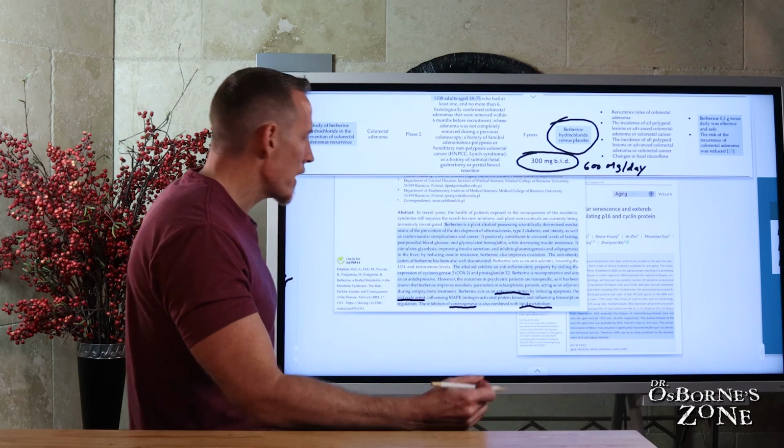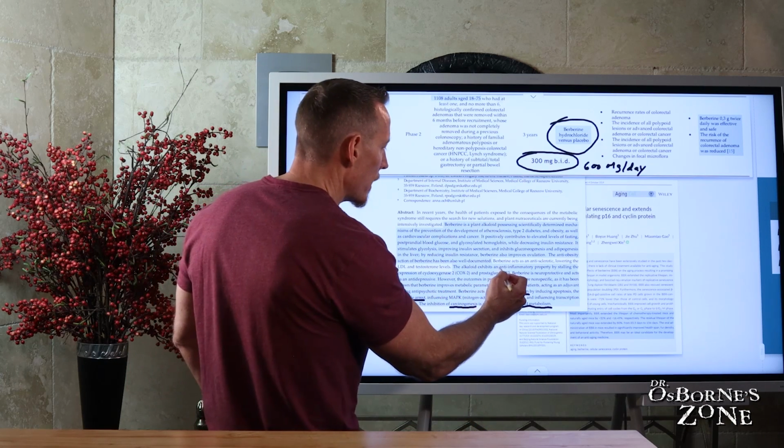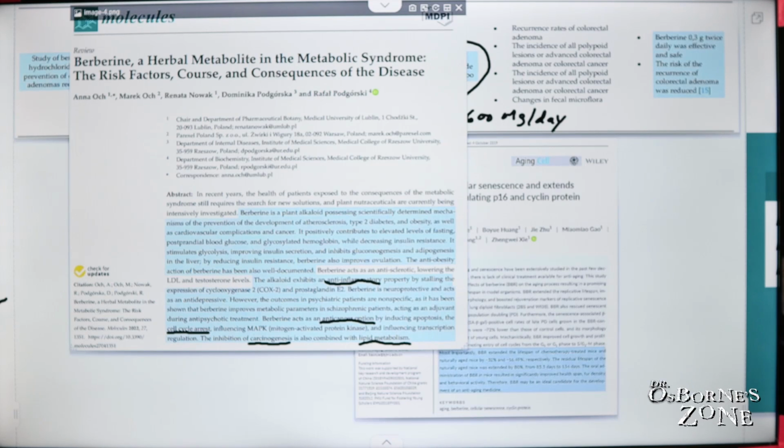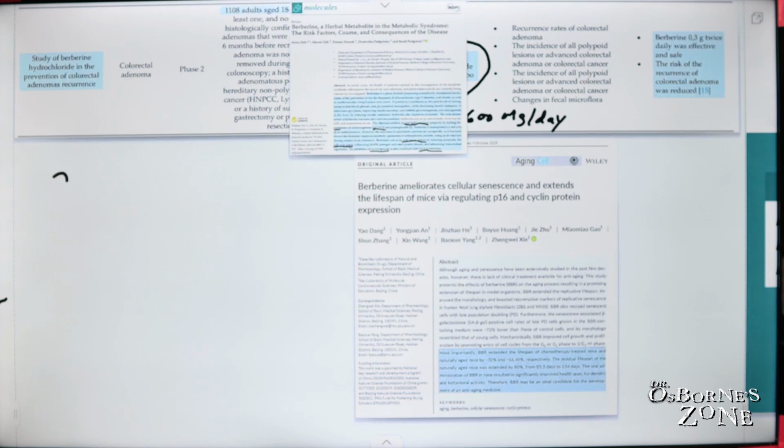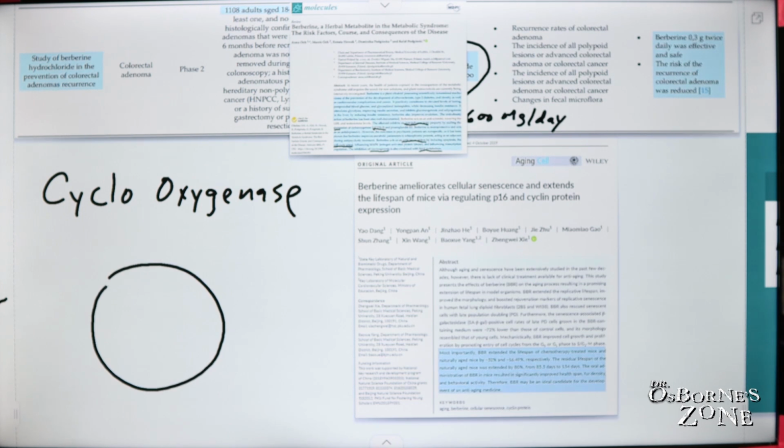You can also see that the alkaloid exhibits an anti-inflammatory property by stalling the expression of this enzyme here called COX. Now, if you don't know what COX is, it's an enzyme, cyclooxygenase, and it's present in your cell membranes.